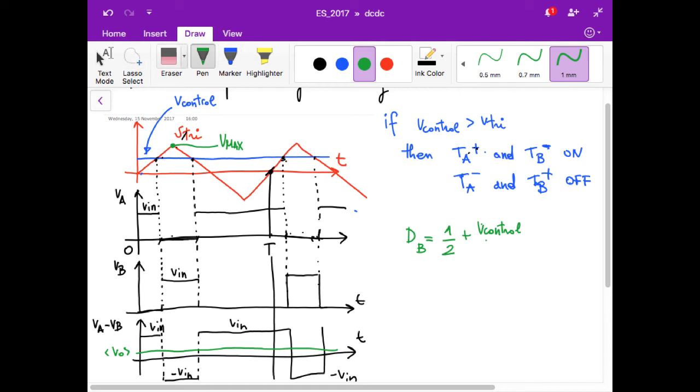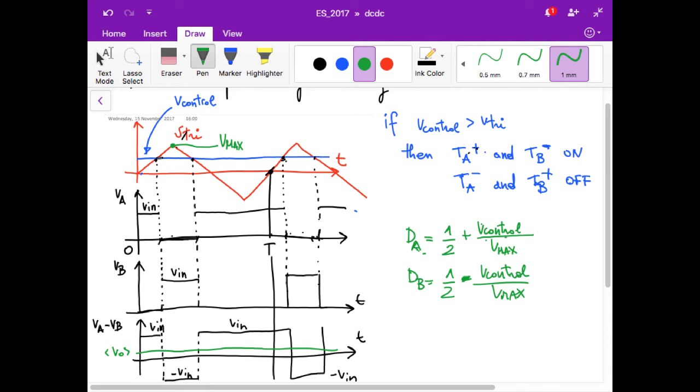So let me write here dA. dA is equal to 1/2 plus V control over V max, and dB is equal to 1/2 minus V control over V max. It's easiest for me to write those and then to show you that those are correct, instead of the rhyme, because it's pretty intuitive.